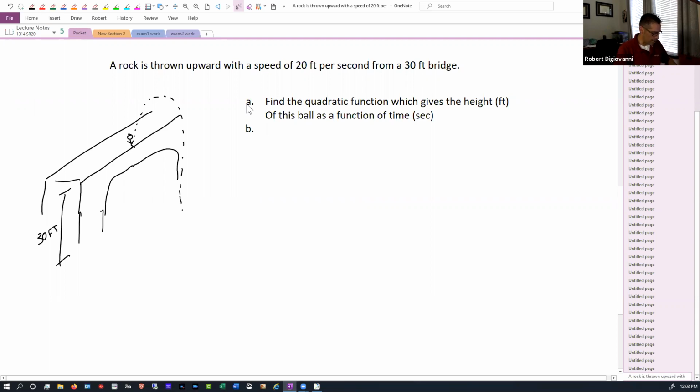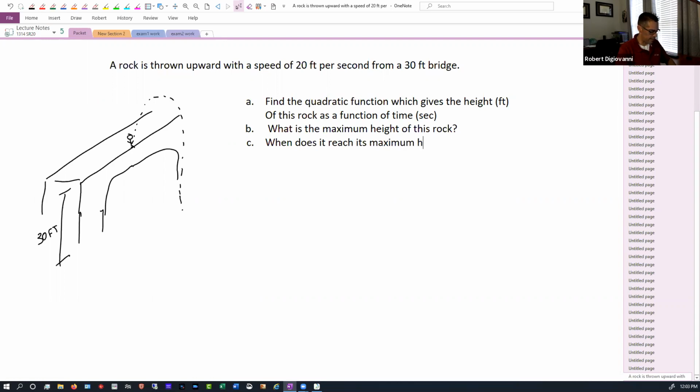Okay, the next part is what is the maximum height of this ball. Oh, wait, it's a rock. Sorry. It's not a ball. It's a rock. Let me change that. What is the maximum height of this rock? All right, the next thing is when does it reach its maximum height?